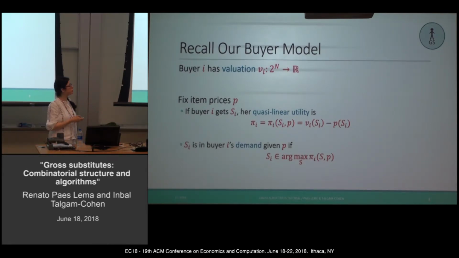I think maybe the notation in the first part was a little different. It's just her value for the bundle minus whatever she has to pay for the bundle. And we say that a bundle is in the buyer's demand if, given the vector of prices, it maximizes the utility that the buyer can get. So she looks at the prices, looks at the items, and picks the bundle that maximizes her utility. Okay.